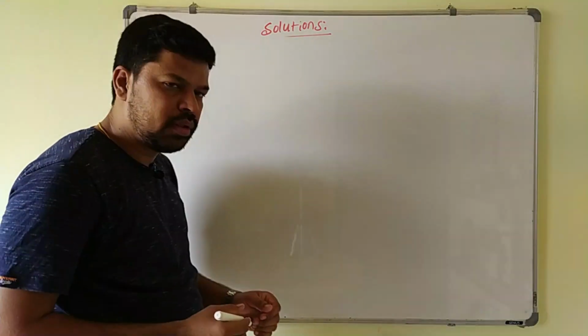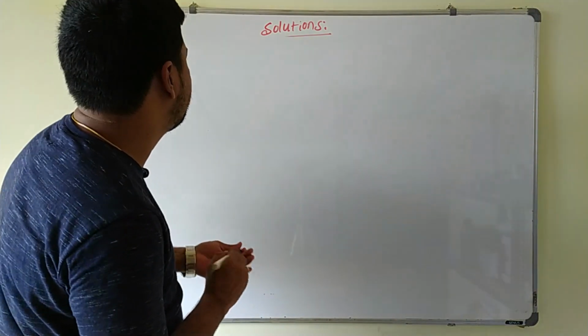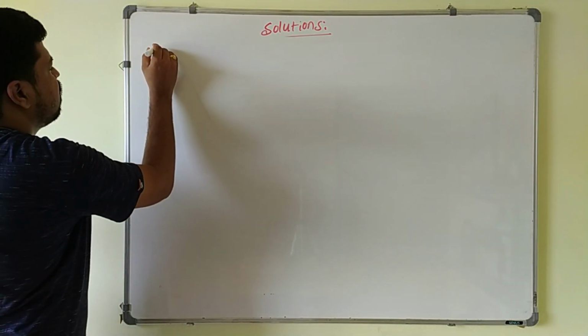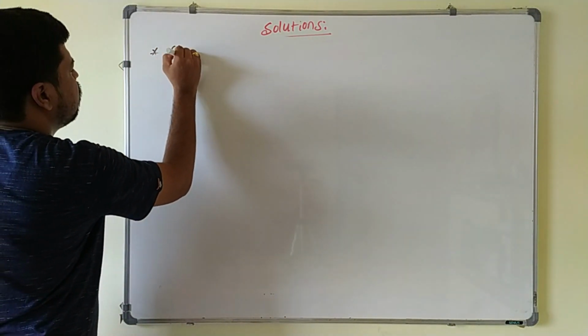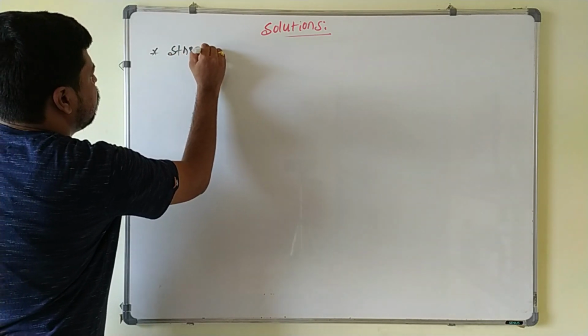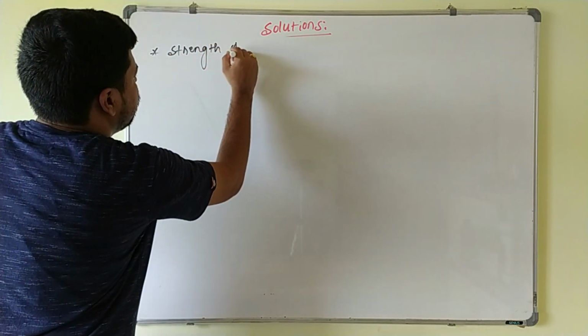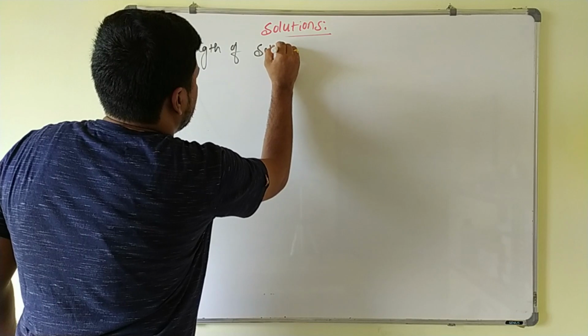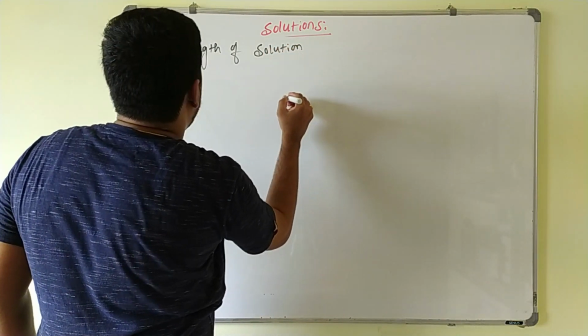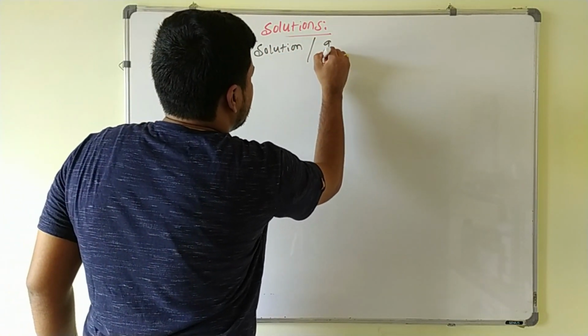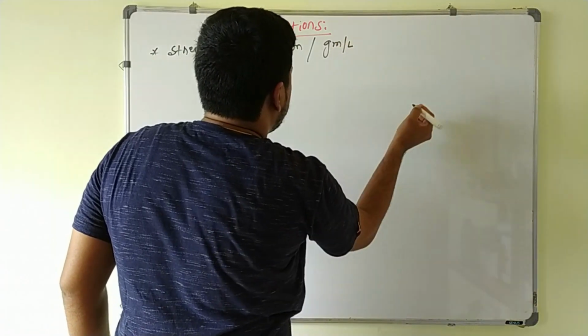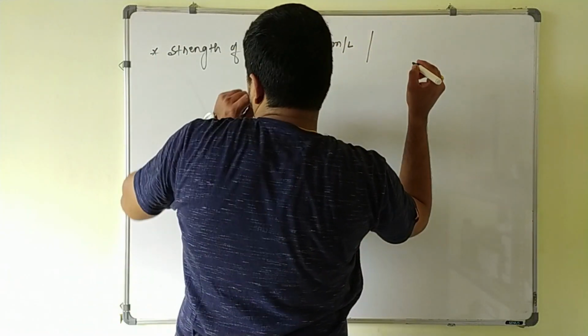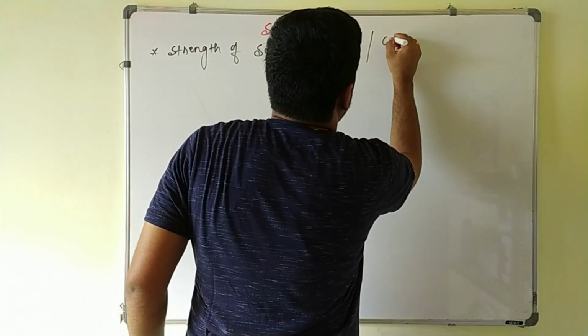Next point is strength of solution. This is very important. It is also called gram per liter, and it is also called concentration.